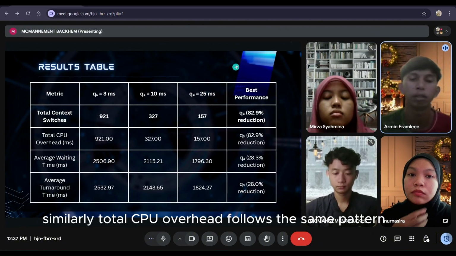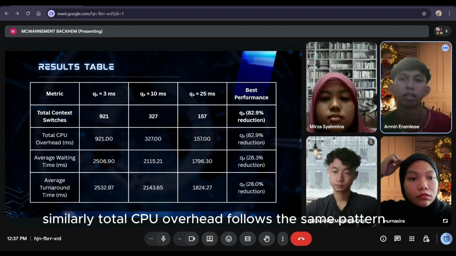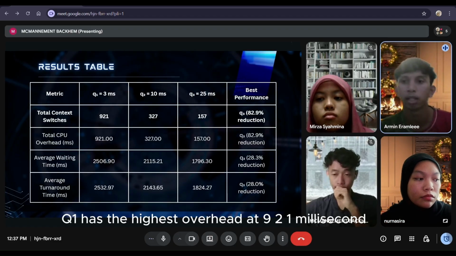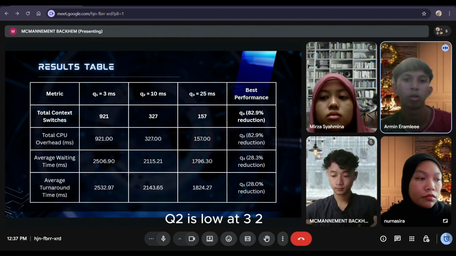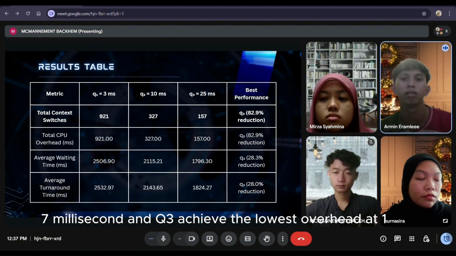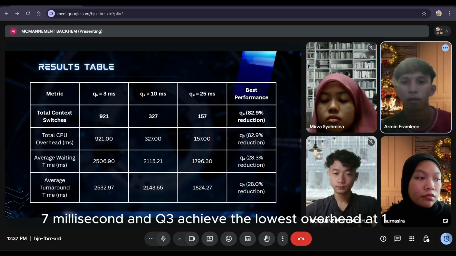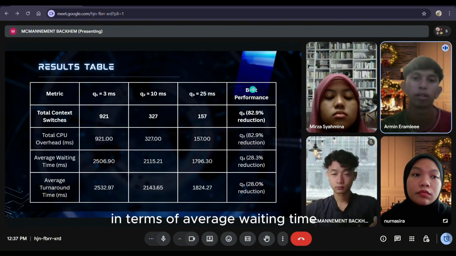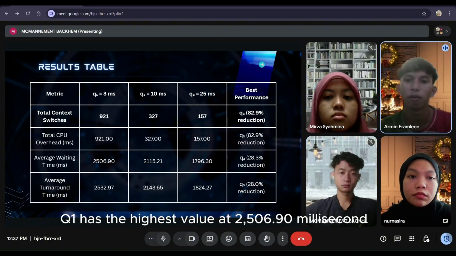Similarly, total CPU overhead follows the same pattern. Q1 has the highest overhead at 921 milliseconds, Q2 is lower at 327 milliseconds, and Q3 achieved the lowest overhead at 157 milliseconds.